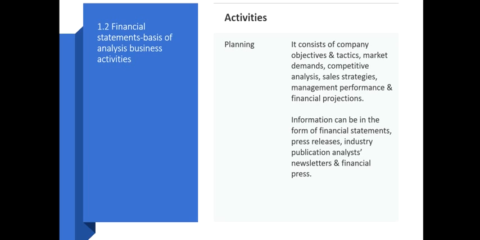So now kita akan belajar to the next subtopic, iaitu 1.2 Financial Statements, Basis of Analysis Business Activities. Okay, so business activities ni ada 4, iaitu planning, investing, finance and operating.